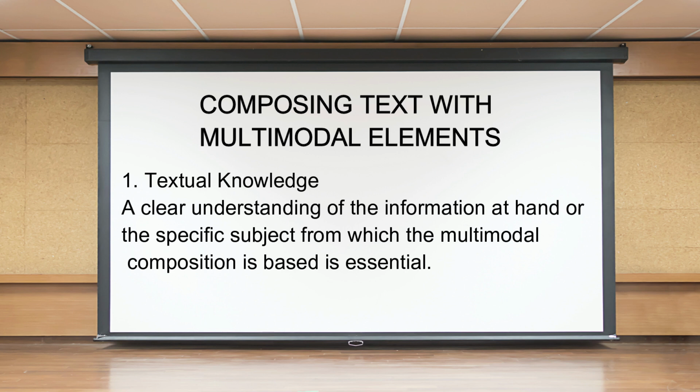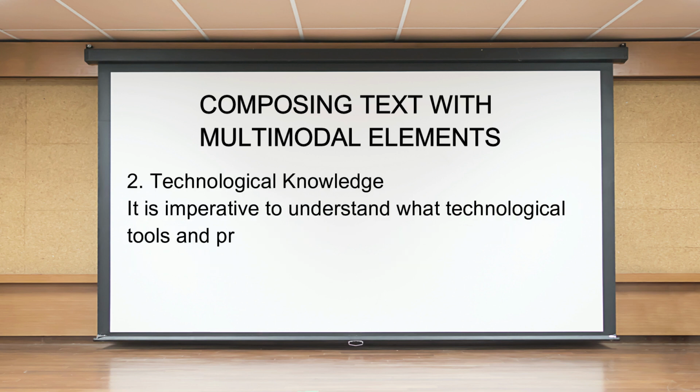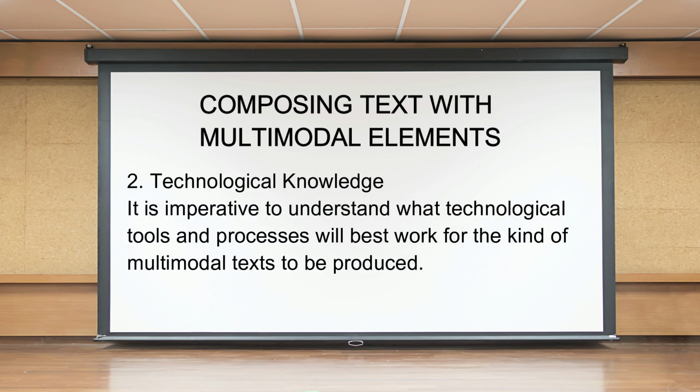This will serve as the basis for determining how information will be conveyed and what modes may work best for the information available. 2. Technological knowledge. It is imperative to understand what technological tools and processes will best work for the kind of multimodal text to be produced.